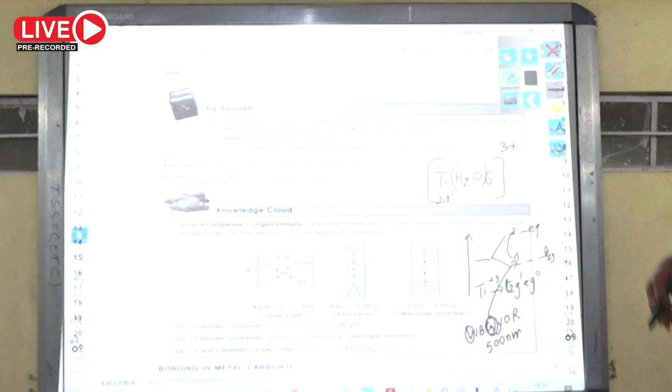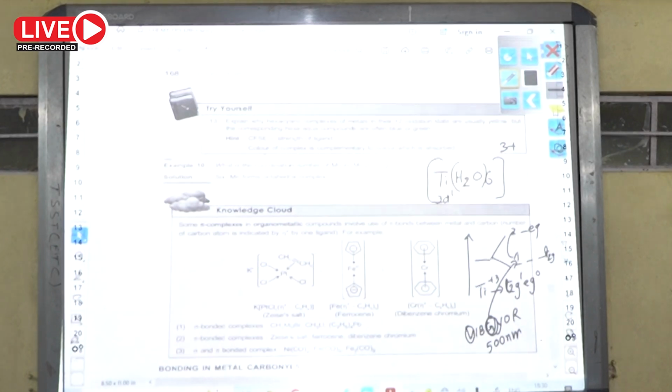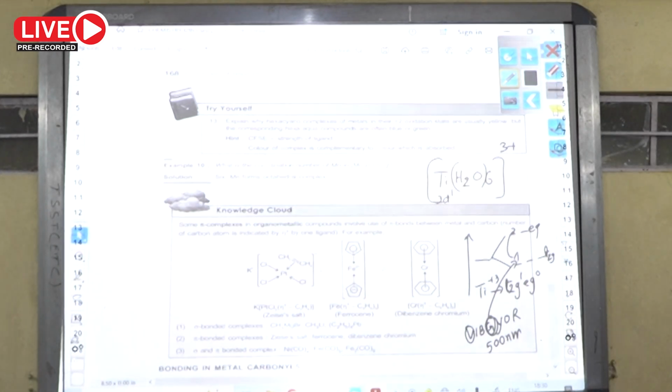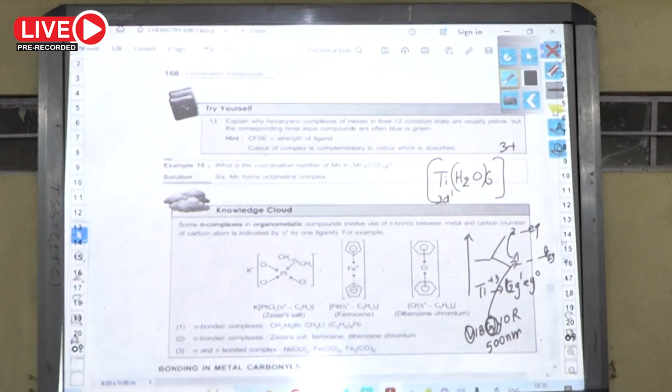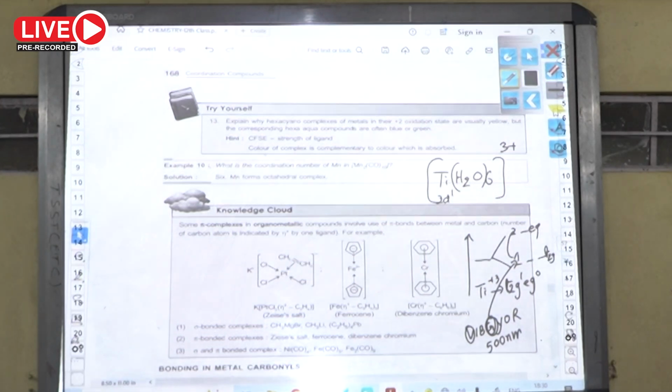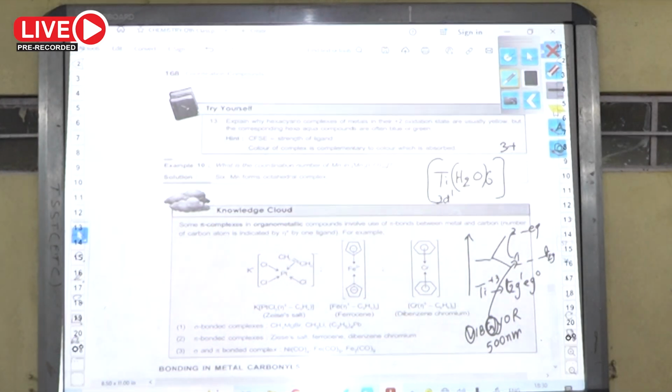So for the 13th question, the answer is why the hexacyano complexes in +2 state are yellow, while the aqua complexes are blue or green. It all depends on the cyanide being a strong ligand. Cyanide is the second strongest ligand.